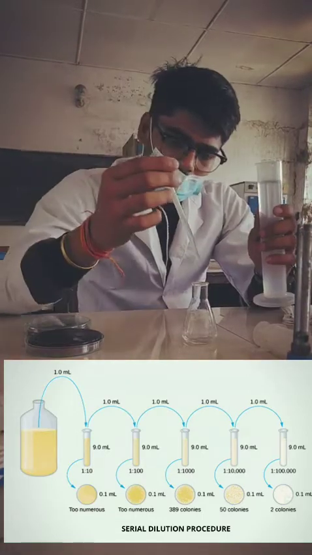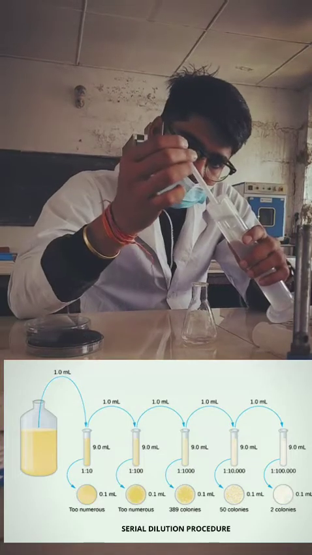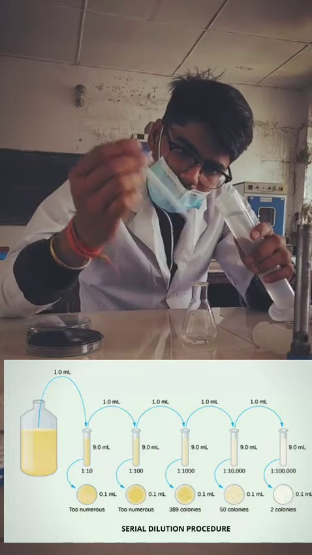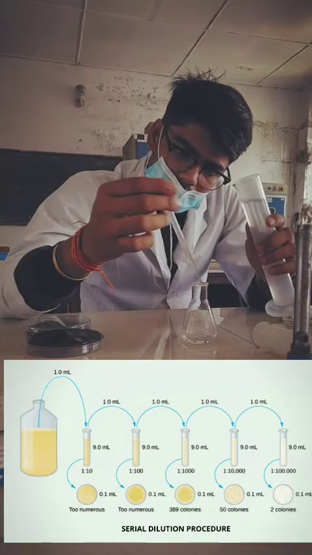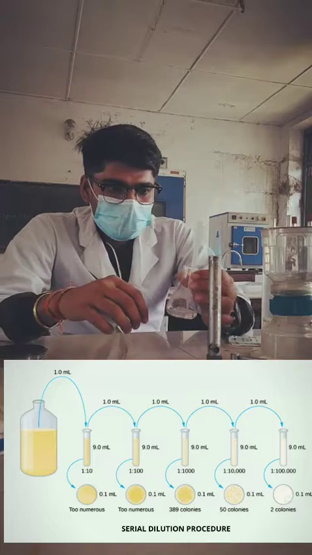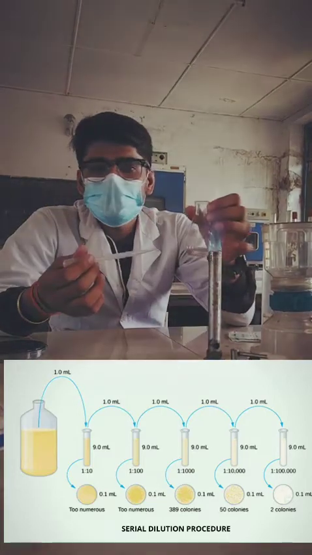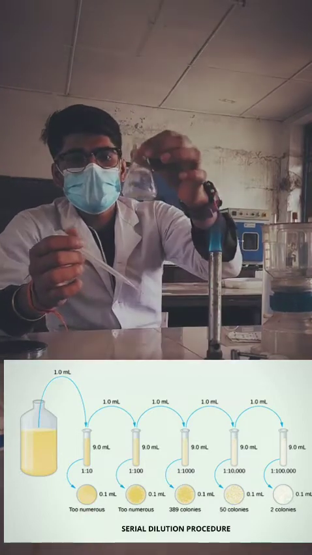You can use any type of measuring tool to measure 9 ml of diluent, like I am doing here. Okay guys, so this is our tenfold dilution, in which we have put 1 ml of sample and 9 ml of diluent.